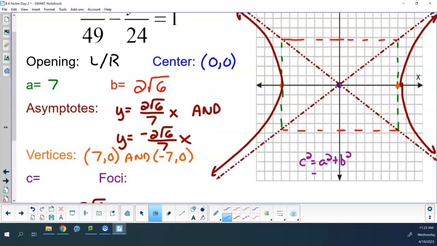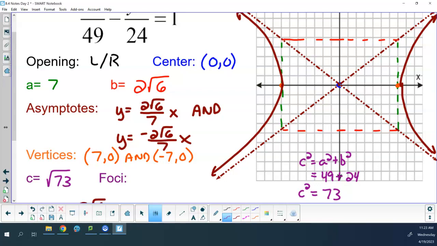A squared is 49. B squared is 24. Those two get added together and give me a c squared value of 73, which means that c is equal to the square root of 73. Are there any factors of 73 that are perfect squares? Nope, I don't think so. So square root of 73 is the c value.